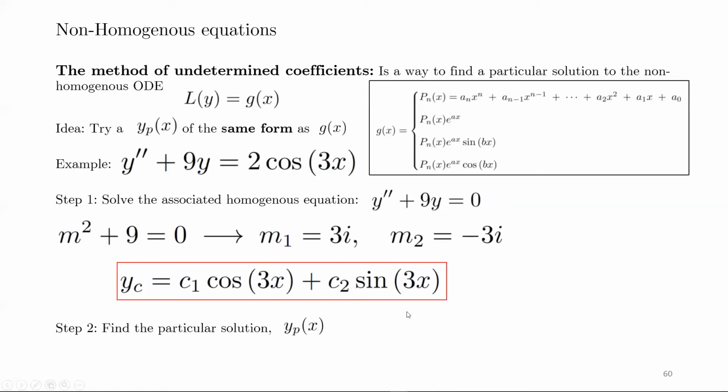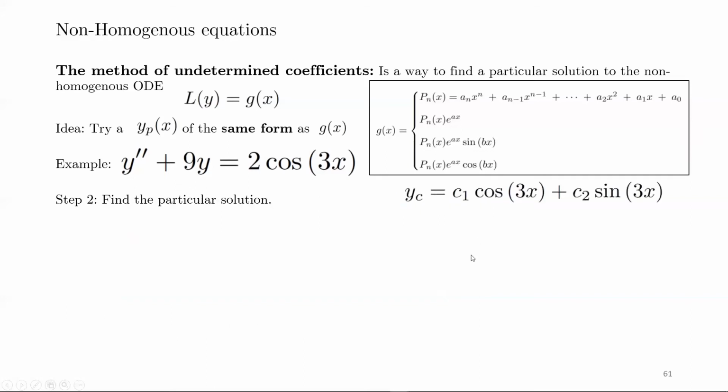Okay, well, now we need to find the particular solution yp, but you can see here already there's some small issue that the cosine of 3x appears on the right hand side of the non-homogeneous ODE. I'm just going to move my complementary solution up here out of the way.